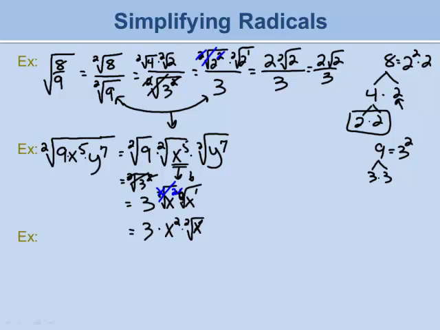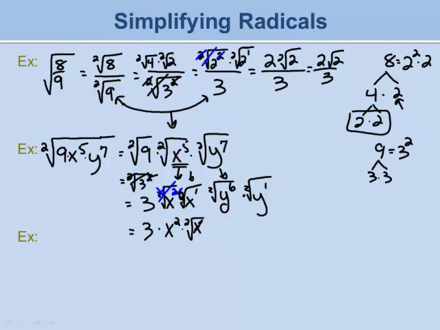Now we're going to do the same thing here with the square root of y to the 7th. 2 will not go into 7, but 2 will go into 6. So we're going to rewrite y to the 7th as y to the 6th times y to the first. 6 plus 1 is 7. Those are all under the square root sign, though, so we're going to put them back under the square root sign.